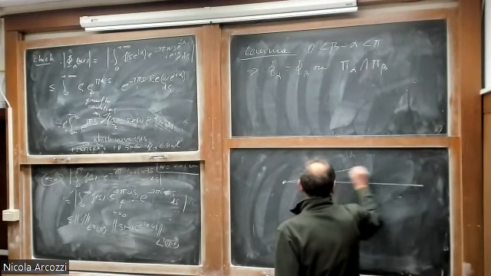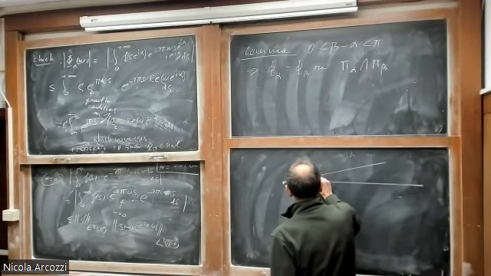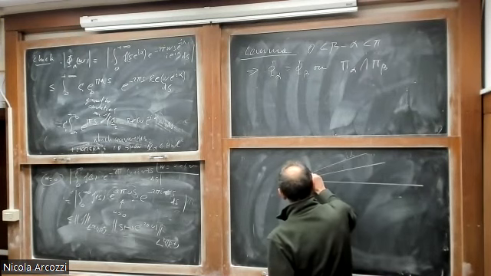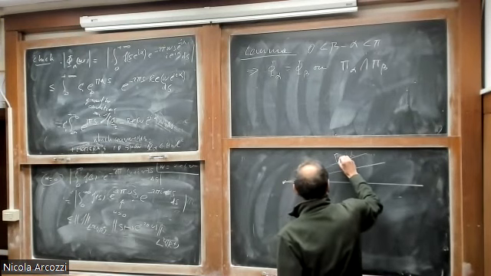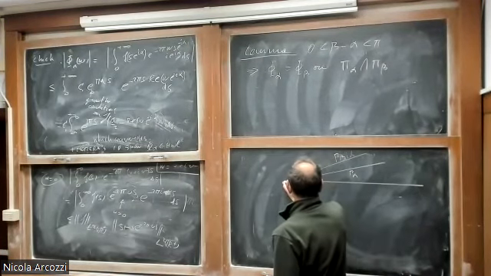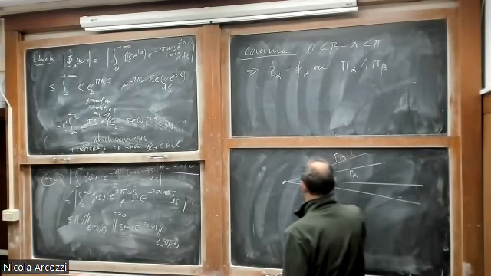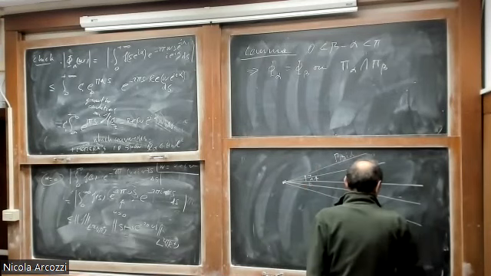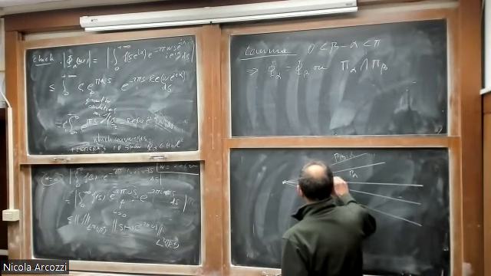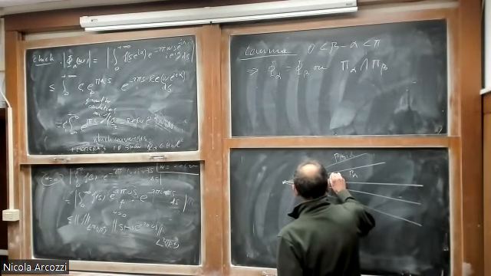Here we have alpha and here is beta. So that's alpha, and then we turn things around, at a distance A over 2.